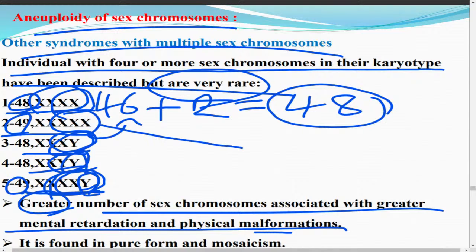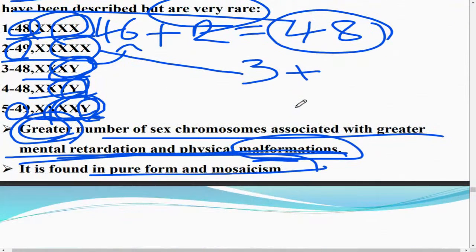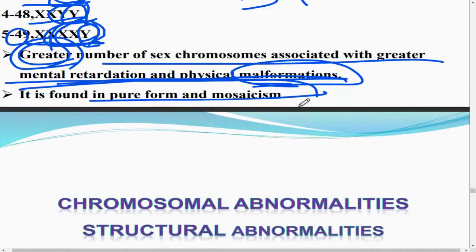When it's an additional 3, there is a greater degree of mental retardation and physical malformation. Found in pure and mosaic forms. Next slide.